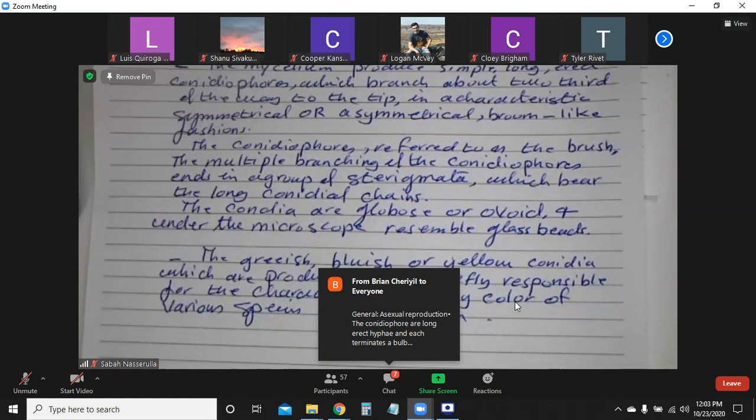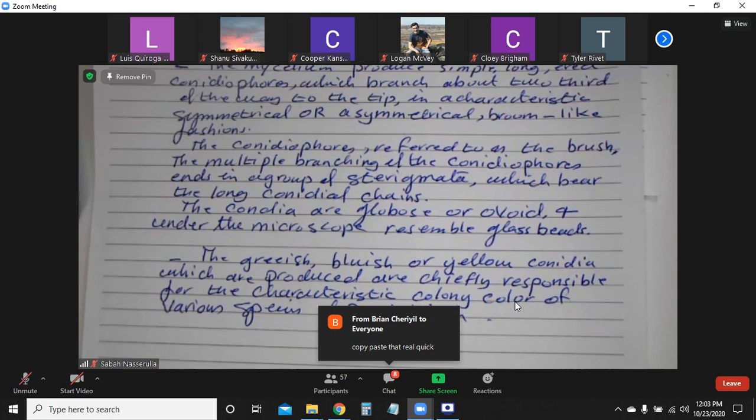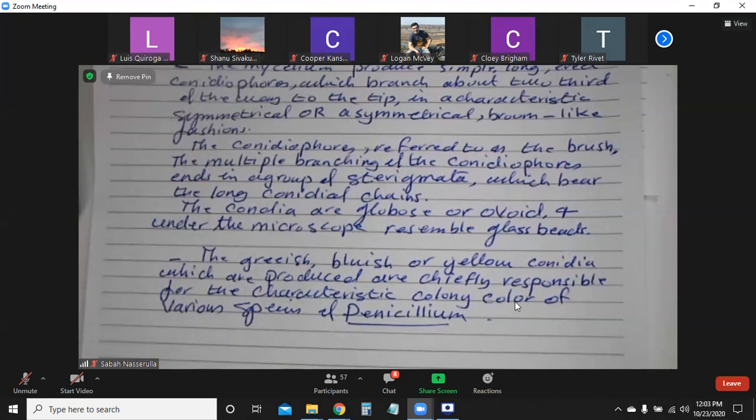Of course, in both cases, Aspergillus or Penicillium, once the conidia disperse in the air, when they land, if there is moisture, they are going to germinate and repeat the life cycle.